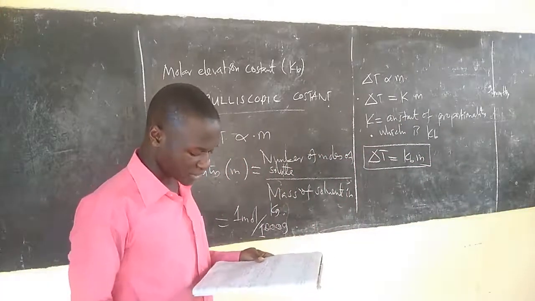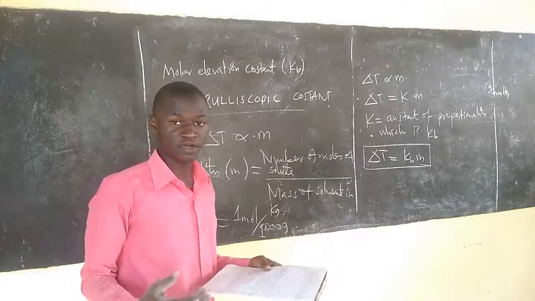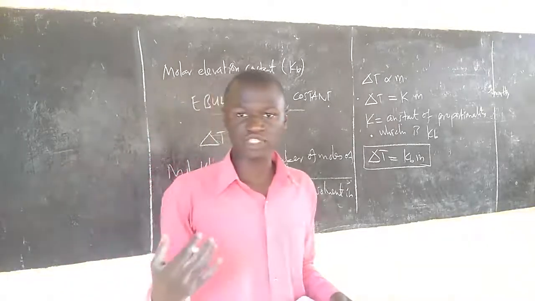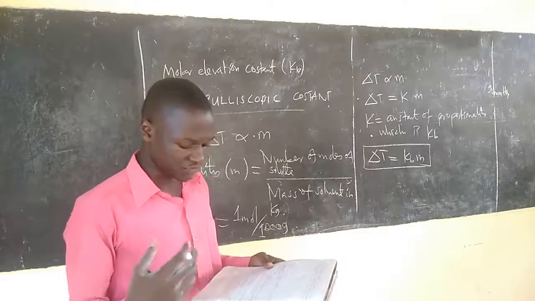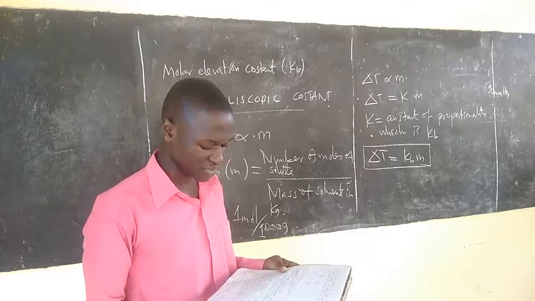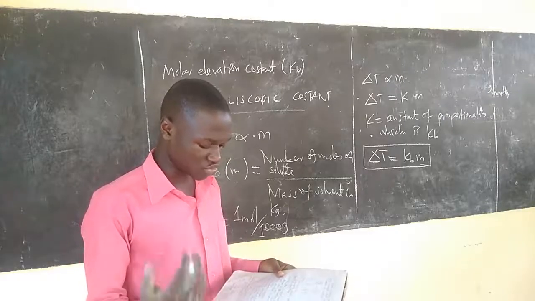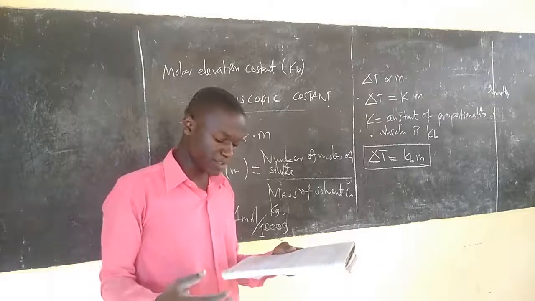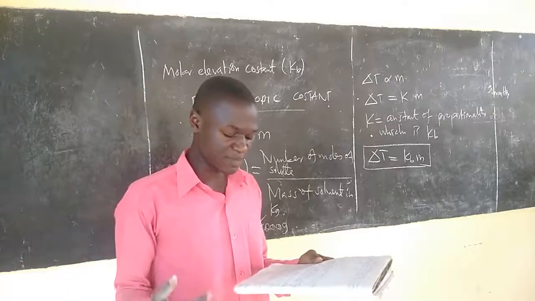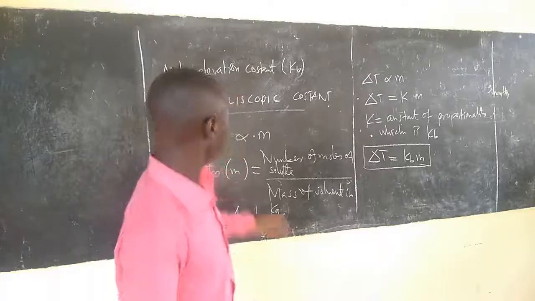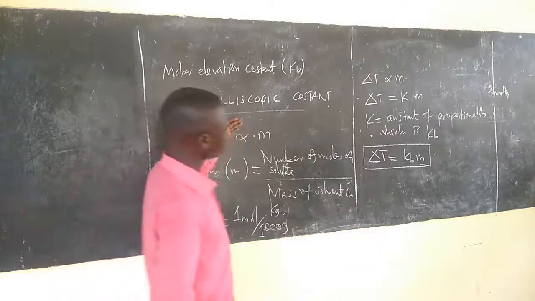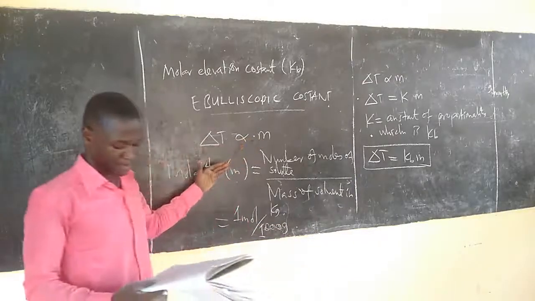So the ebullioscopic constant Kb is a property of the solvent. Every solvent has its own Kb. It is a property of the solvent, so its value depends on the nature of the solvent and varies from one solvent to another. Since boiling point elevation is directly proportional to the molal concentration of the solution, the change in temperature ΔT is directly proportional to m.